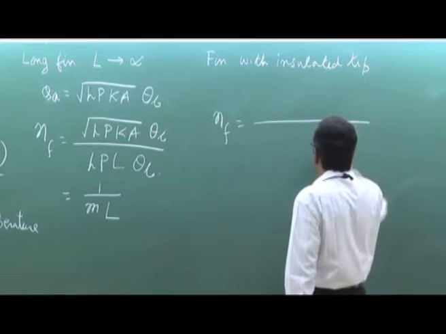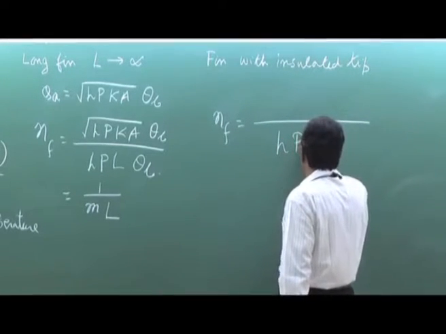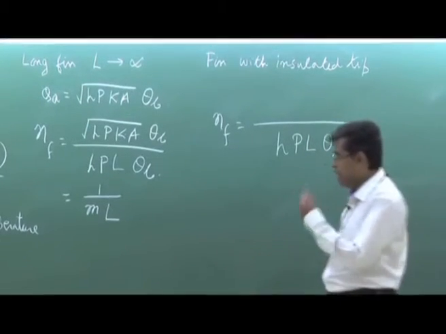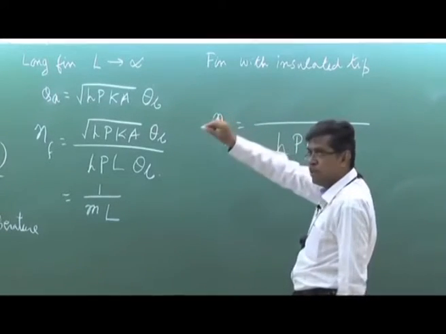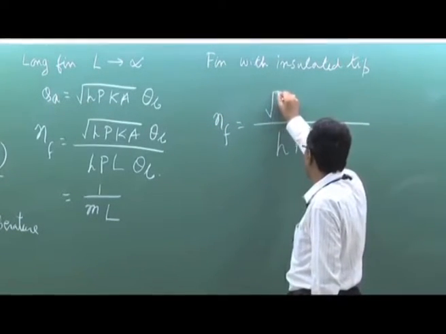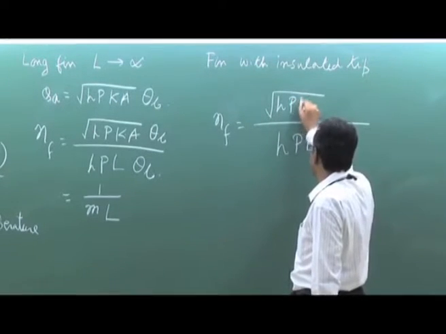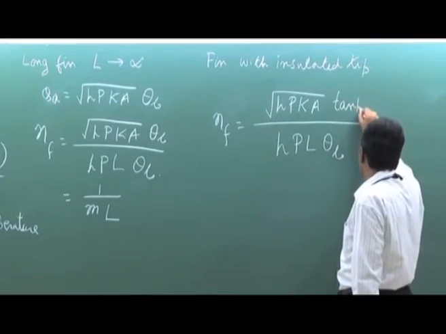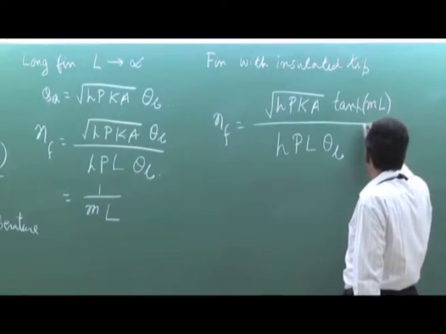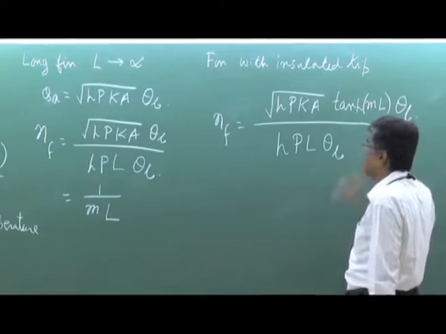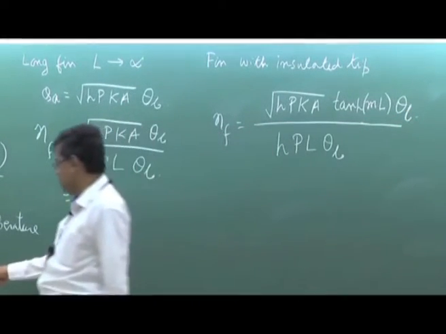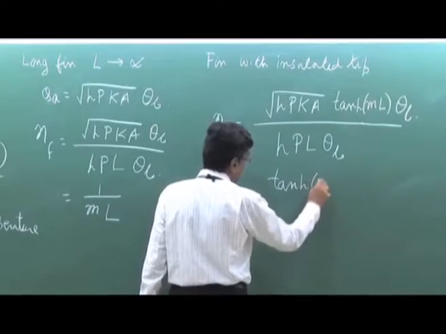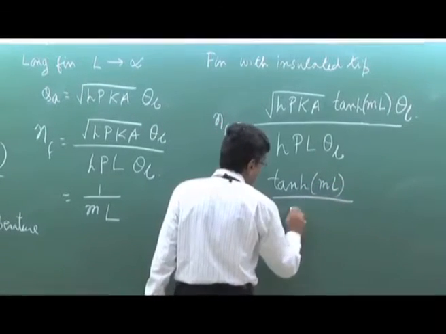The denominator is hPL theta B, and the heat transfer which we derived, I have shown it also, will be root over hPkA, same thing, but tanh mL into theta B. With m as root over hP by kA, this becomes tanh mL divided by mL.